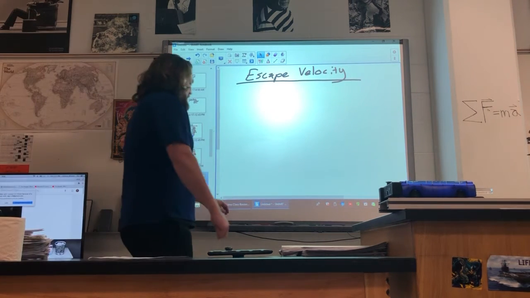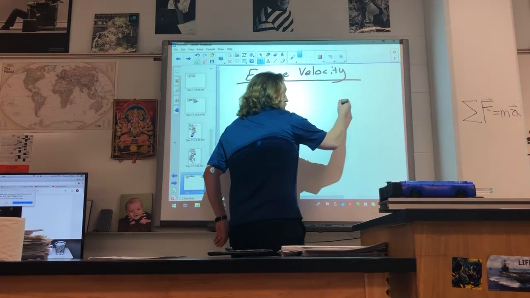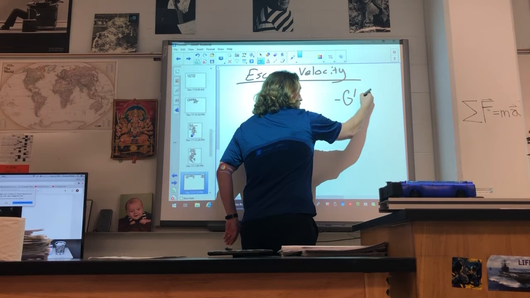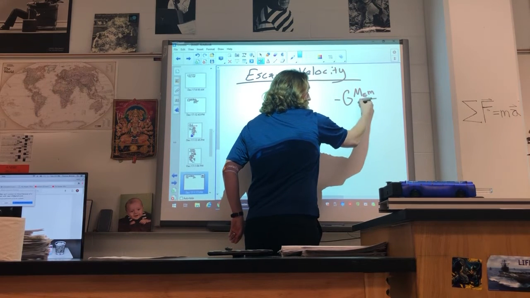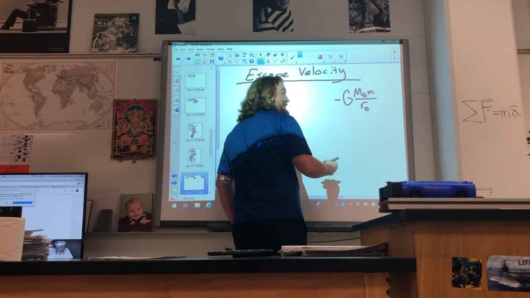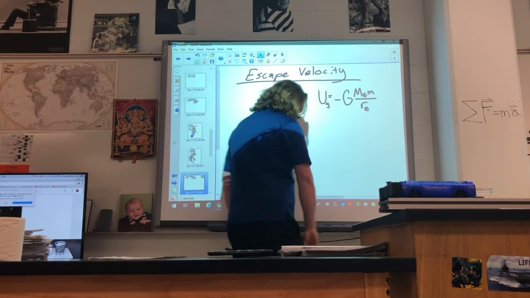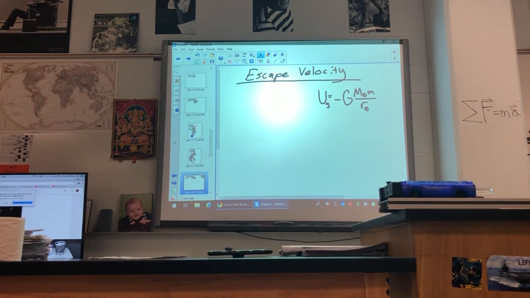How much would we have to provide to escape Earth's gravity? That much. We would have to provide at least that much energy, but positive.